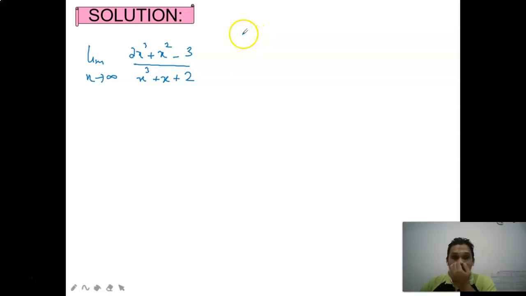Okay, so for this case, the highest degree of x from the denominator is 3. So x cubed is the highest power from the denominator.